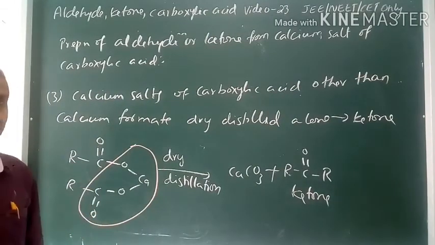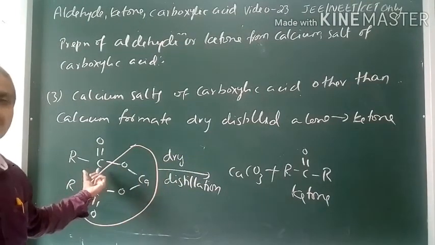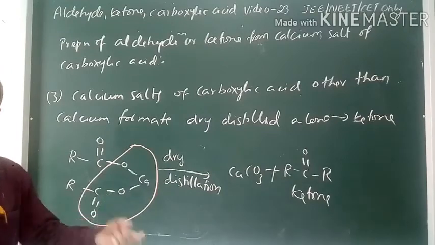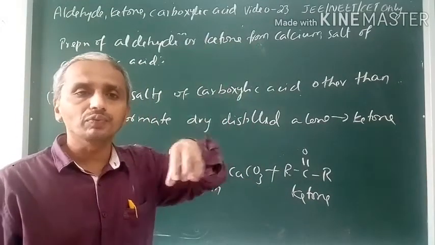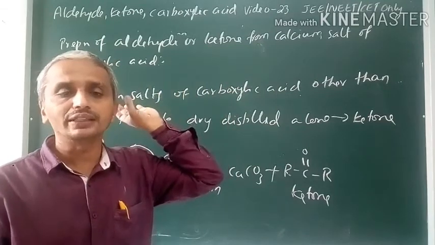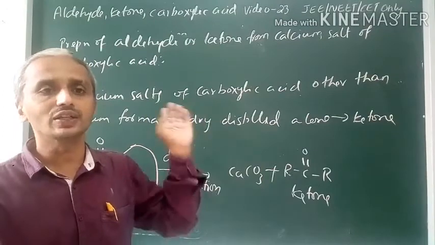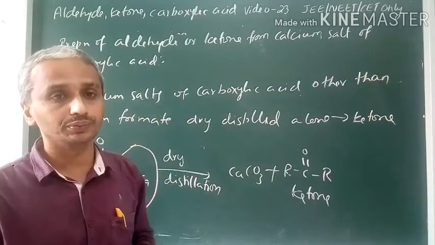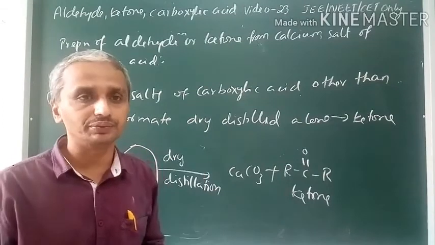Note this. I can get acetone also if I use calcium acetate. They may give the question like this: name the product obtained when calcium acetate is dry distilled alone, calcium formate dry distilled alone, or calcium formate and calcium acetate dry distilled.